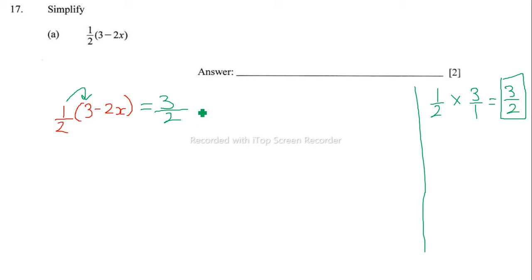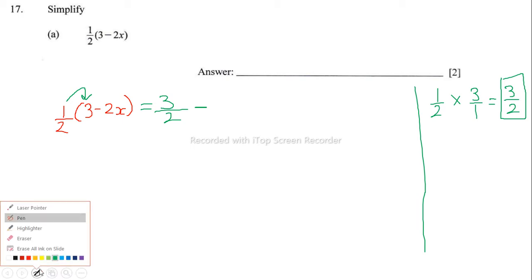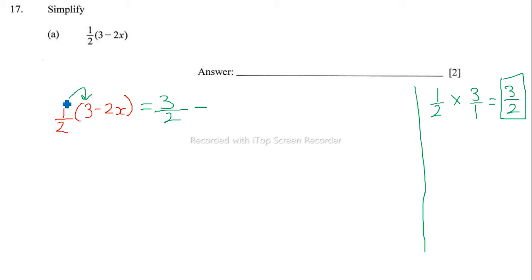Now we keep the operation minus. Next, what is 1/2 multiplied by 2x?